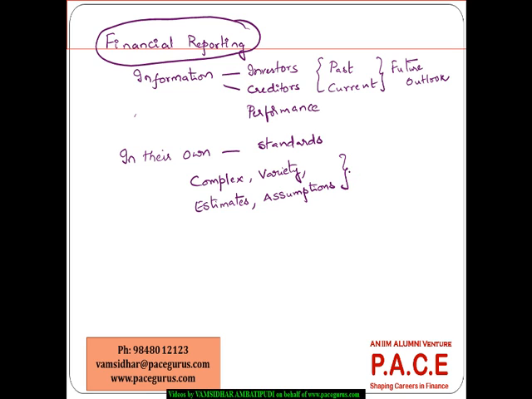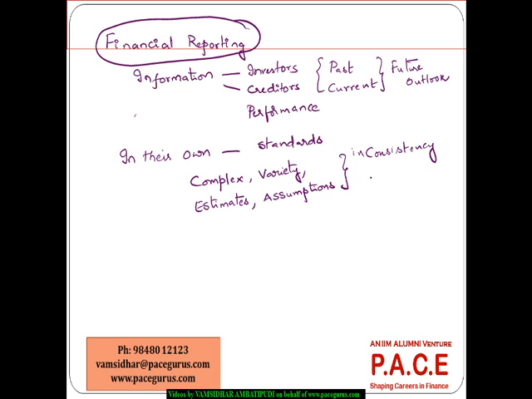So, if standards are not there addressing all these things, we could see that firms can start reporting in their own manner, which would be completely inconsistent with each other, right? There is a lot of inconsistency in case the financial information is not reported in a standard manner.